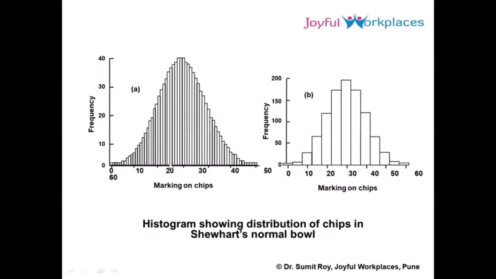And that frequency diagram shows certain properties, the properties which were defined by Carl Gauss. Who was Carl Gauss? A German statistician, mathematician.